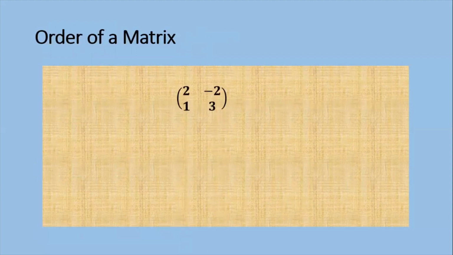We take another example. Right, so here, 2, minus 2, 1, 3. What do we have? Well, 2, minus 2 is row 1. 1, 3 is row 2. Do we have any columns? Yes. 2, 1 will be column 1, and minus 2, 3 will be column 2.